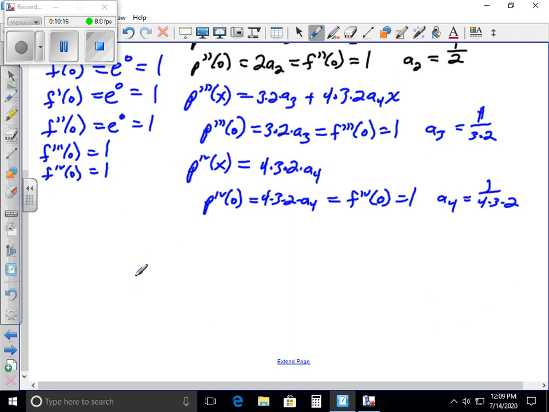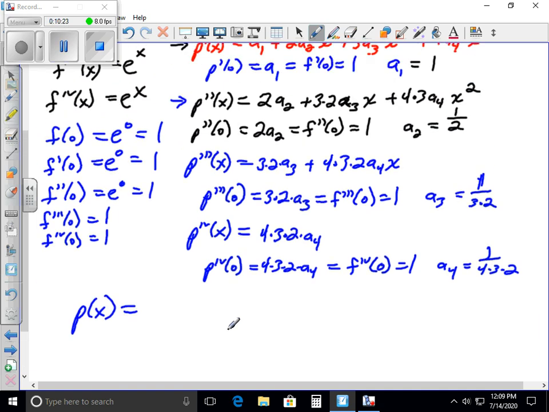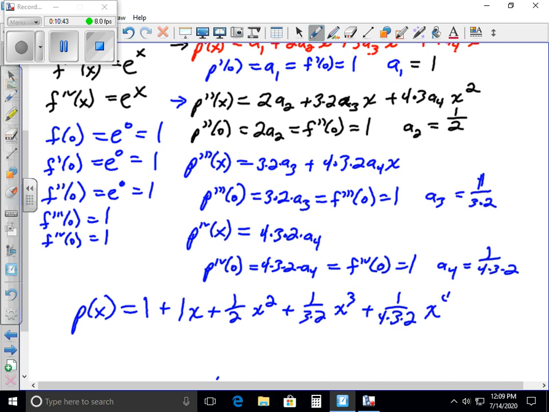So our fourth degree Taylor polynomial is a sub 0 plus a sub 1 x plus a sub 2 x squared plus a sub 3 x cubed plus a sub 4 x to the fourth.